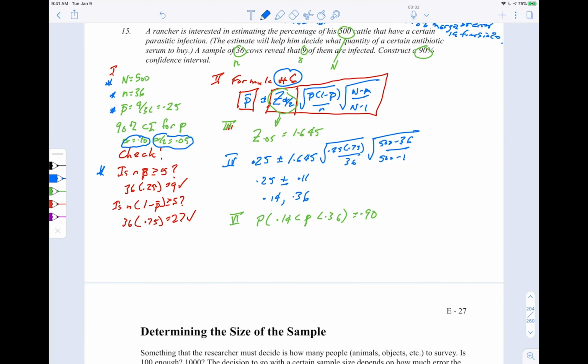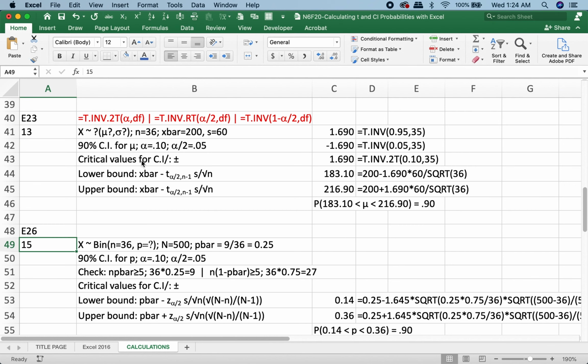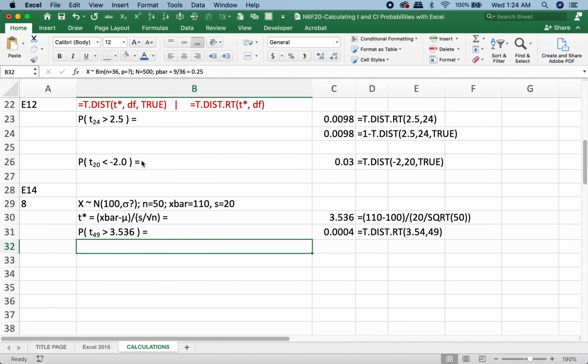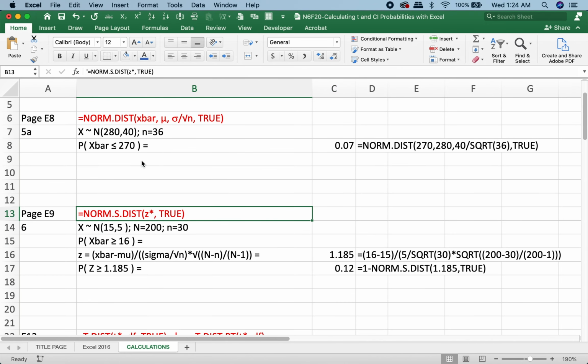But what I want to do is show you how to get that 1.645 using Excel. So that's what we're going to do, and the rest we would do by hand or using Excel formulas, okay? But the function that we're looking for is a norm inverse function.